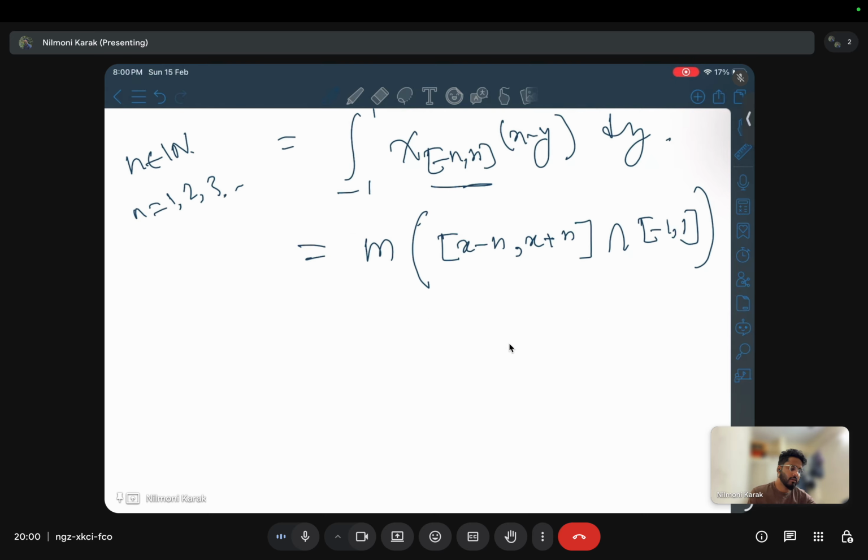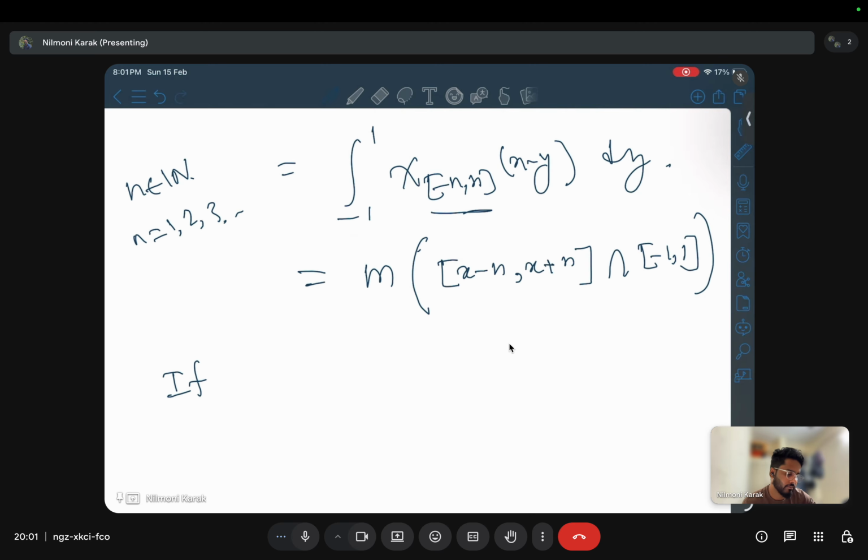There are several cases. We don't know the range of x, so in different ranges of x, we will have different values. So x less than or equal to minus n minus 1.